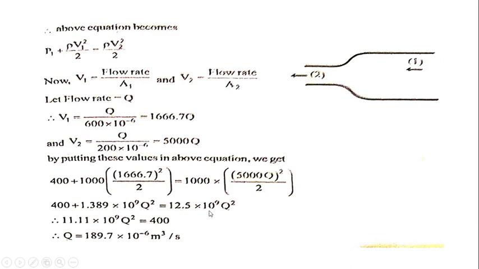After simplification, 11.11 into 10 raised to 9 Q square equal to 400, and therefore Q equal to 189.7 into 10 raised to minus 6 m cube per second.